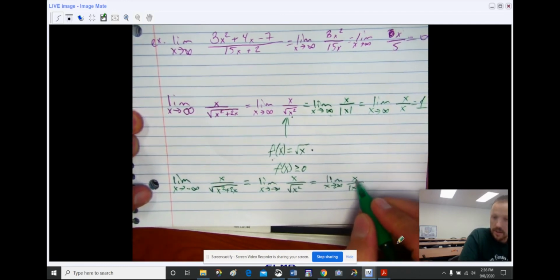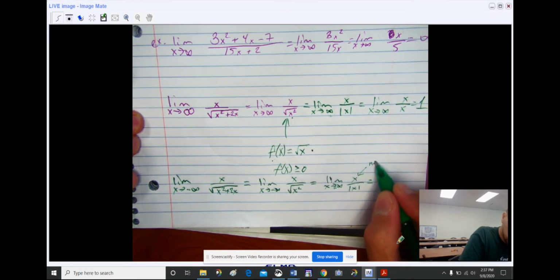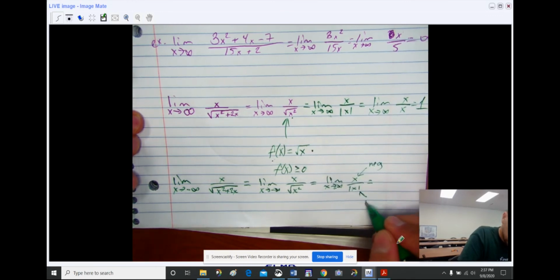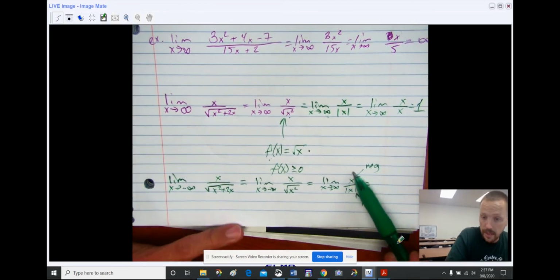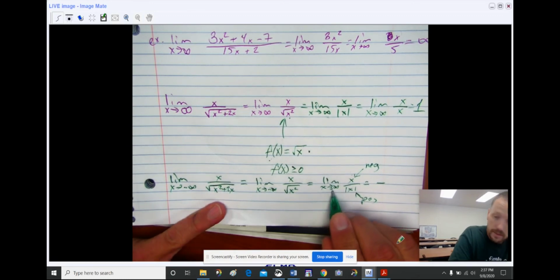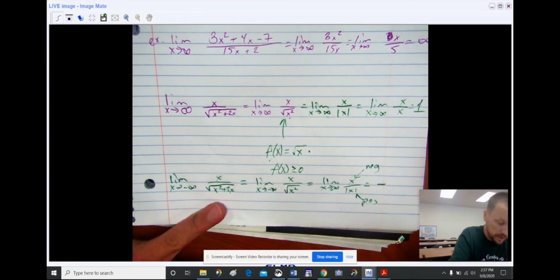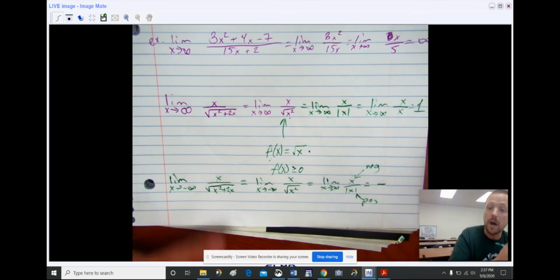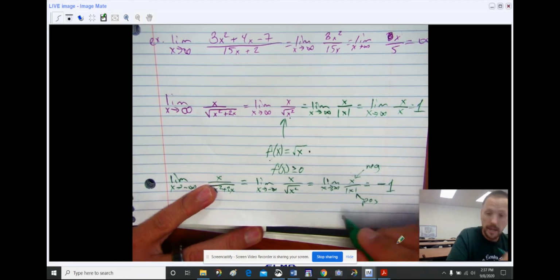On top, that's going to be a negative value. This is going to be a positive value. These are going to be opposites of each other. And so a negative divided by a positive is going to be a negative. Because we're dividing x by x, the values are going to end up being the same but opposite. So that's negative divided by positive. We end up with -1.